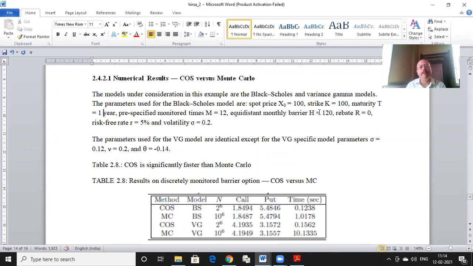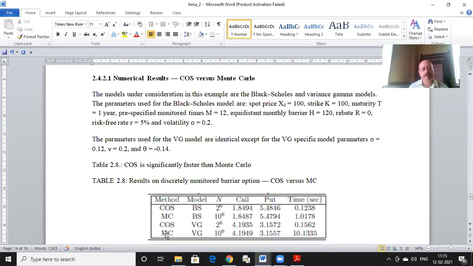The barrier is chosen as 120. There is no rebate. So this is the classical barrier option example. I have a 5% risk free rate and the volatility. For the variance gamma model, in addition, I have taken sigma equal to 0.12, nu and theta. So we are comparing the discretely monitored barrier option pricing using cosine versus using Monte Carlo.